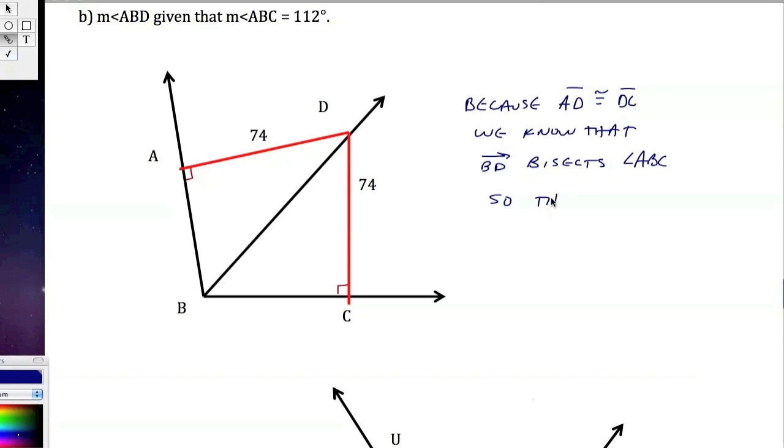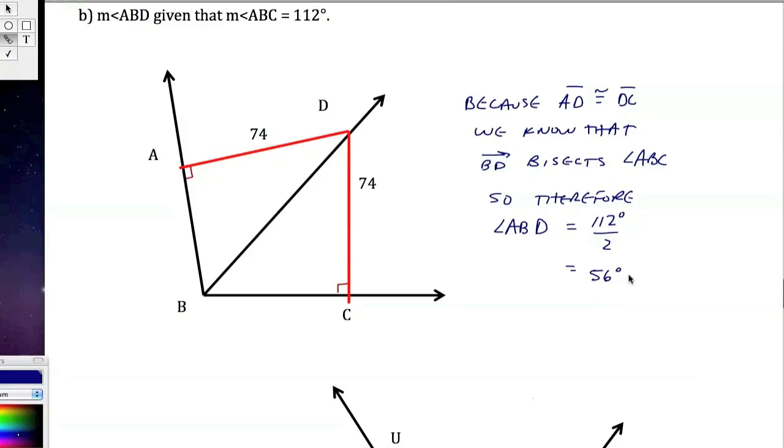So therefore, angle ABD must be equal to 112 over 2, which is equal to 56 degrees.